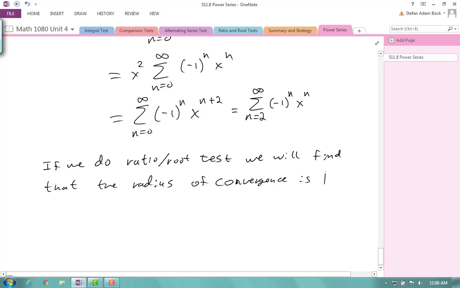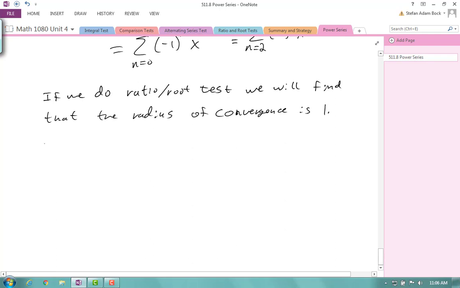It actually doesn't matter that this x is squared or not, or that I have x to the n plus 2 or anything like that. And in particular, the interval of convergence will not include the endpoints.